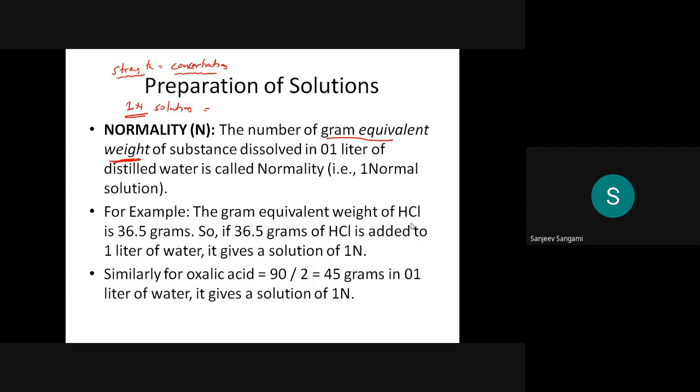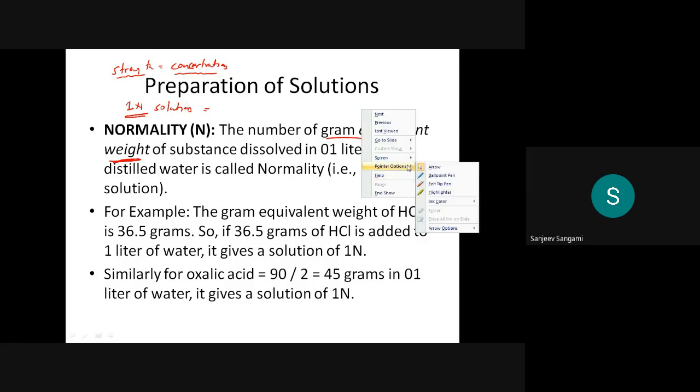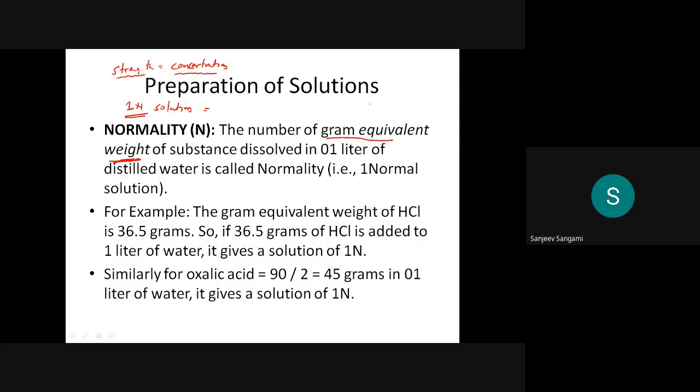Because once you know how to prepare it, 50% of the lab you have completed. For example, if you are conducting an experiment on determination of chloride in water, we'll use the AgNO3 solution that I already told.